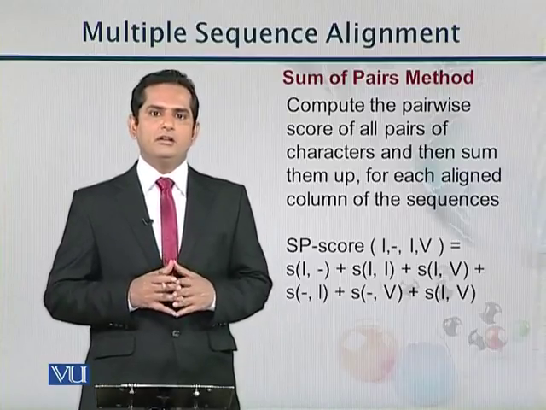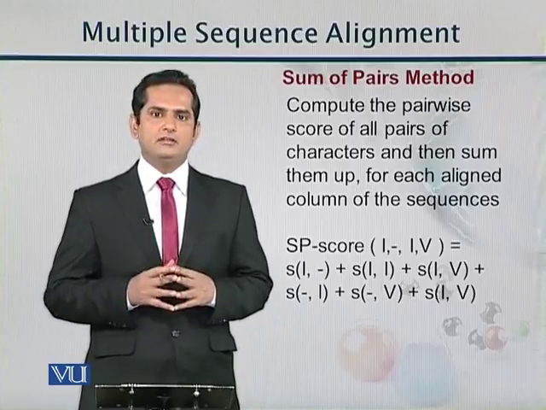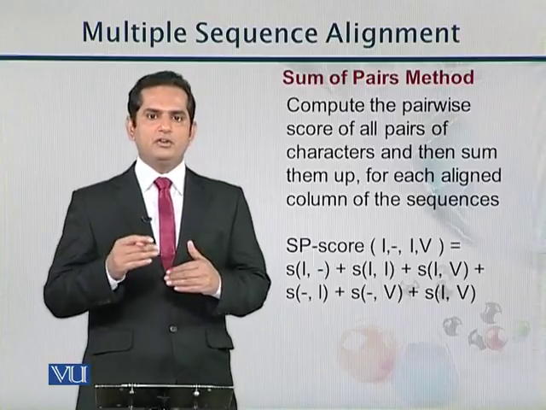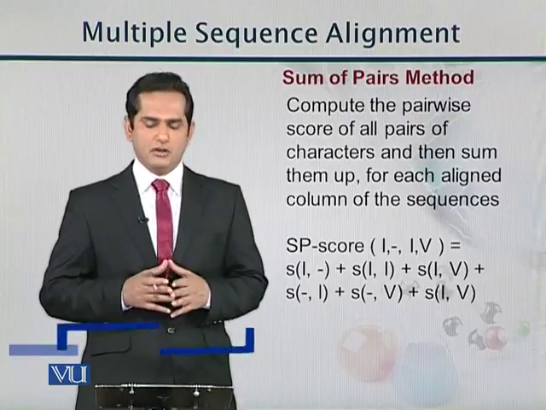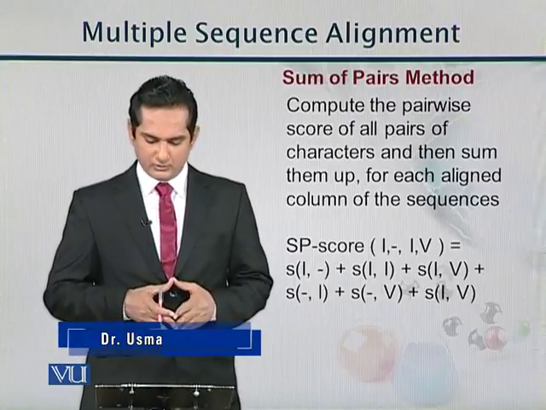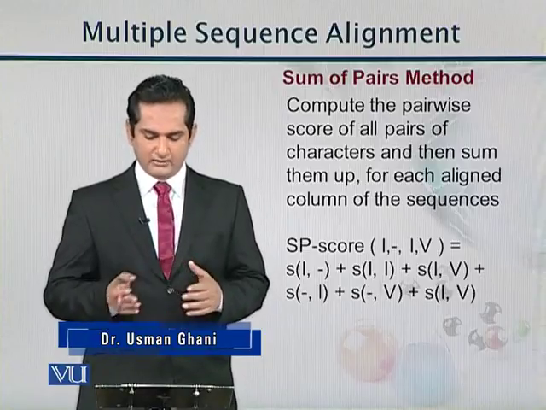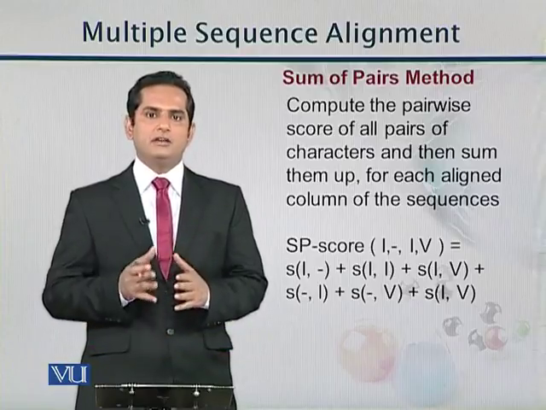What we are doing is, instead of comparing only two sequences, we compare more than two sequences, find the scores for individual sequences, and then sum the complete score. We compute the pairwise score of all the pairs of characters, sum them, and find the aligned columns which are common in all the sequences.